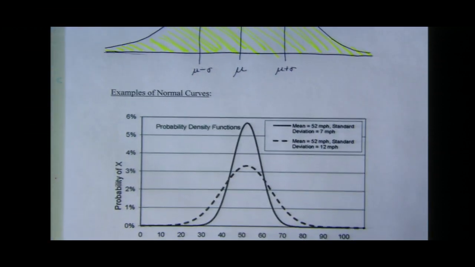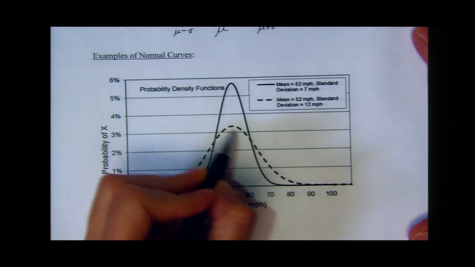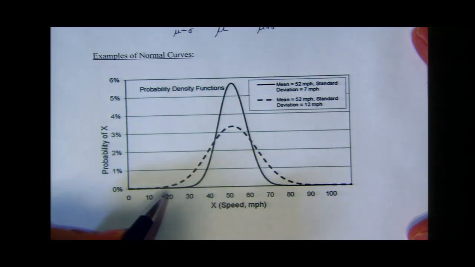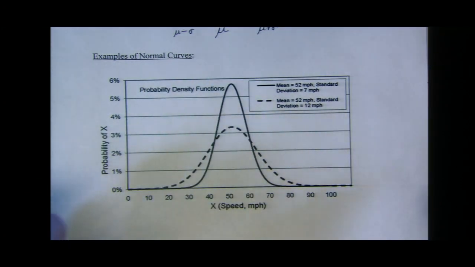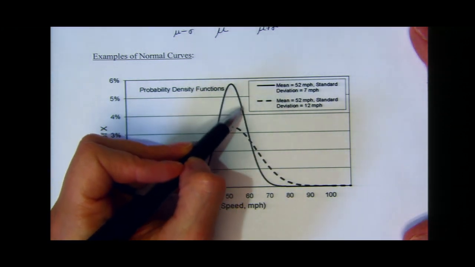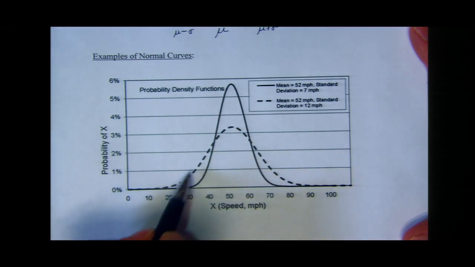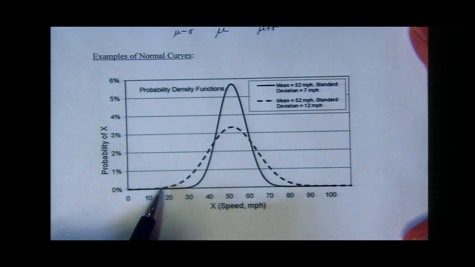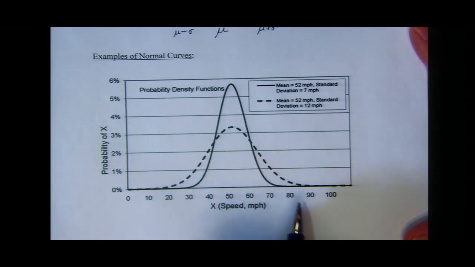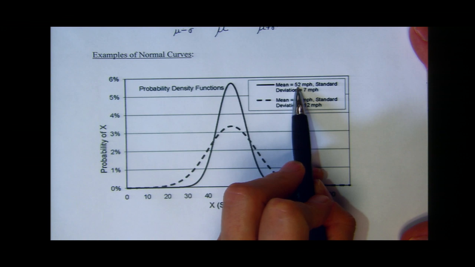Now, here is a picture that shows two different normal curves. You'll see the dotted line and then the solid line. They're both normal curves, but the solid line goes up higher, and the dotted line is shorter and goes out further to the left and the right. Well, the difference in that, if you look up here, the solid line has a mean of 52.